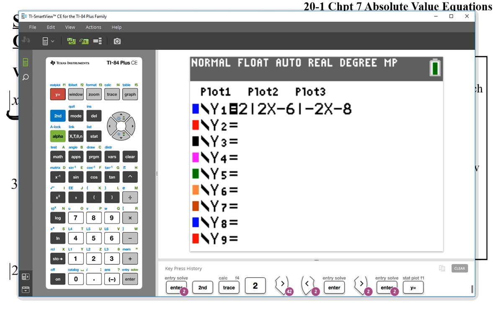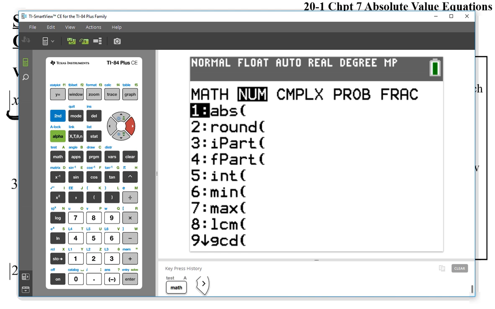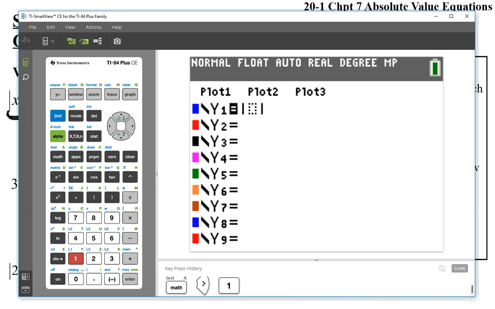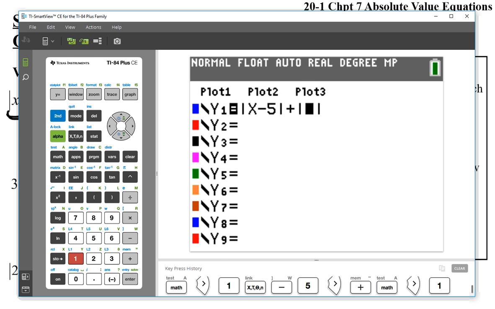So y equals, clear what we had for that first one. Here we go. We need the absolute value, and the first one is x minus 5. I need to leave that. And I want plus. I need a second absolute value, and the second one has 6x plus 2 in it.